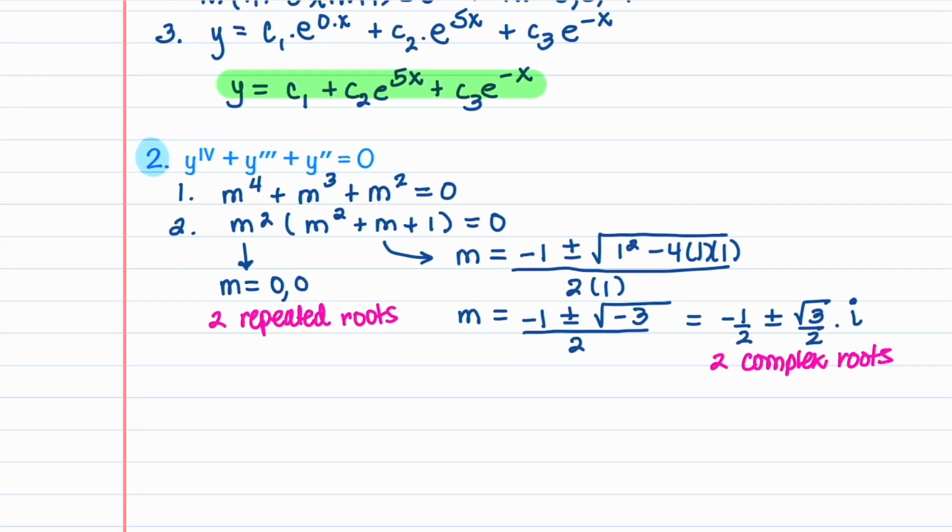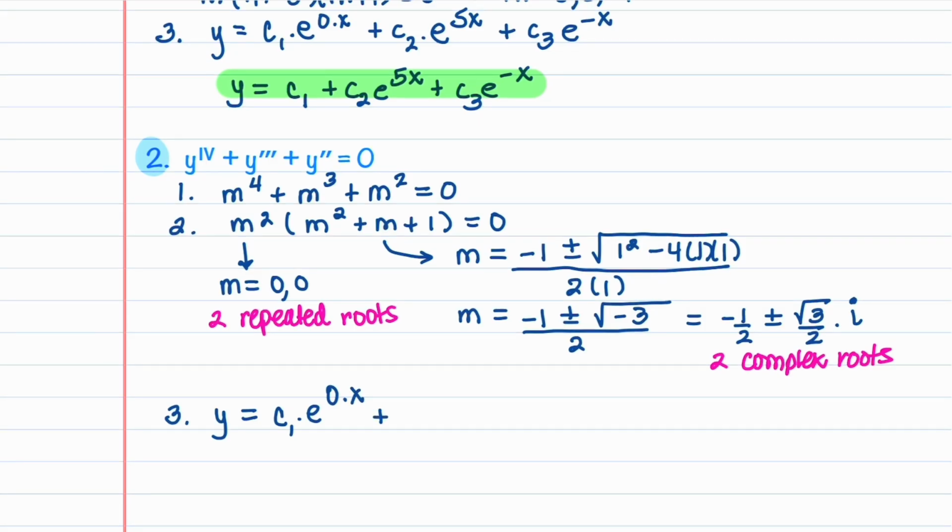Our solution is going to look like this. We're going to have y is equal to c1 times e to the 0 times x. That's our first repeated root. Plus c2 times x times e to the 0x. That's for our second repeated root. And then with our complex roots, we're going to have e to the real part, which is minus 1/2, so we have e to the minus x over 2.